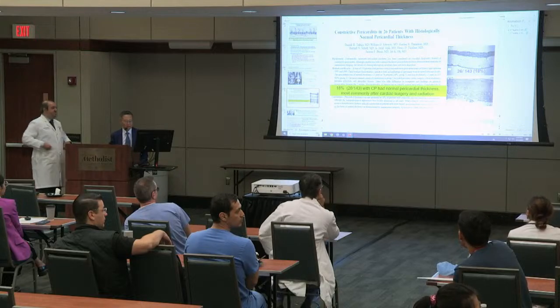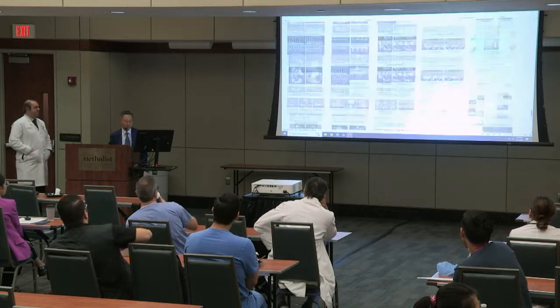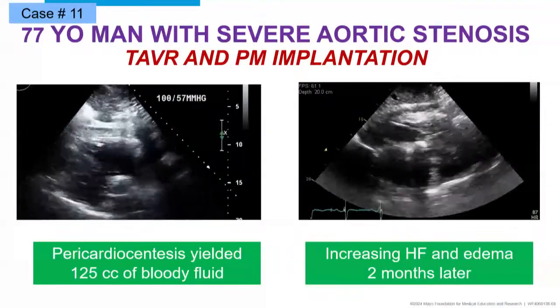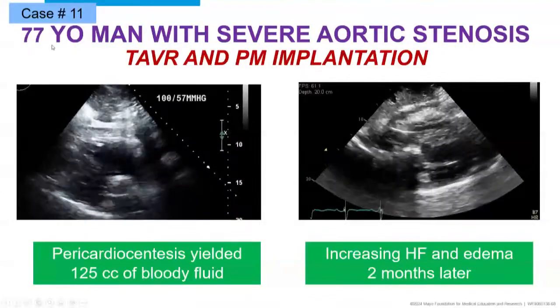I think the effusive constriction, again, we are now seeing many of them after many procedures. This is a patient with TAVR and then a pacemaker, who ended up having tamponade. It's a blood effusion.